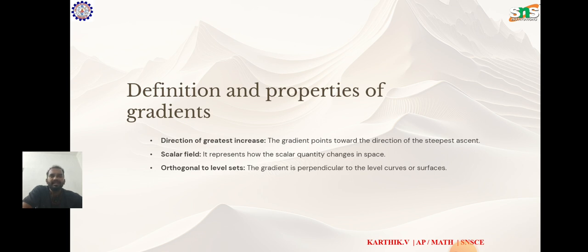The directional derivative of a scalar field f in the direction of a unit vector v is given by the dot product of the gradient of f and the unit vector v, that is, D_v f equal to del f dot v. This measures how f changes as you move along the direction specified by v.